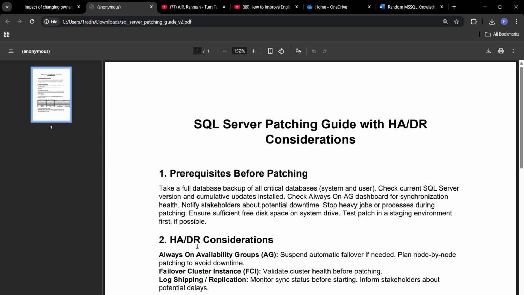First, you need to check the SQL Server version, what is the current version, and according to that, you need to select the security updates and cumulative packs. Whatever recent cumulative packs have been released, you need to check. Okay, so while we are talking about the cumulative and security packs, you need to understand this.